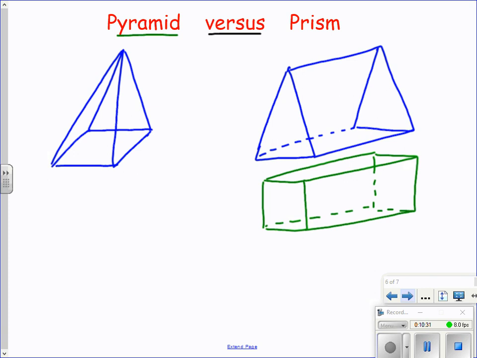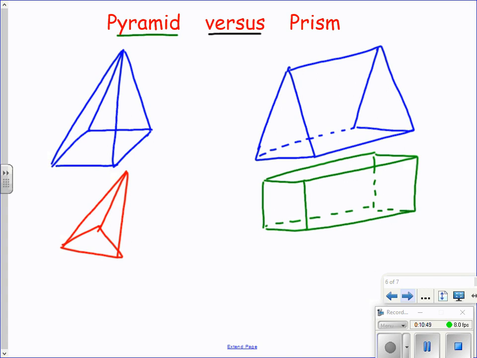This would be a square pyramid. You could also have a triangular pyramid. You could have a triangle on the bottom, and it goes up to a point on the top like this. That would be a triangular pyramid. It's not a very nice triangular pyramid, but it would be a triangular pyramid nonetheless.